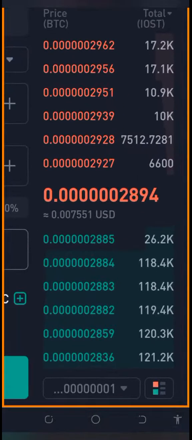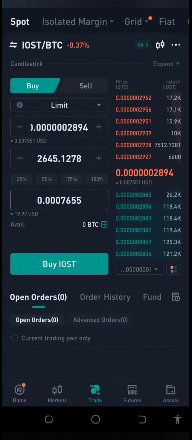When he says that, okay, before he was looking at this order book as being in dollars or in USDT, like maybe when it says 26.2K, it means 26.2 thousand USDT. No, but it means that what they have here is 26,200 pieces of IOST already in the queue to be bought, right?